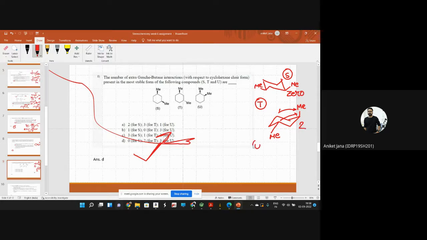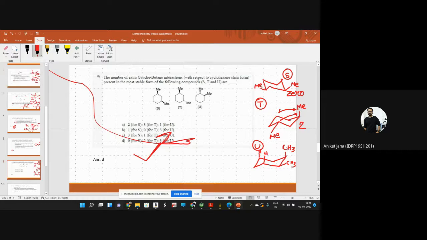And in case of the other one, one is here, CH3, another is equatorial, axial hydrogen.